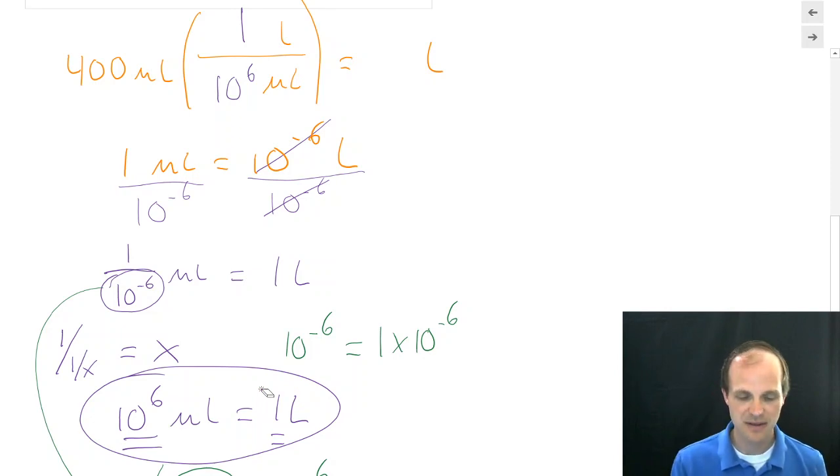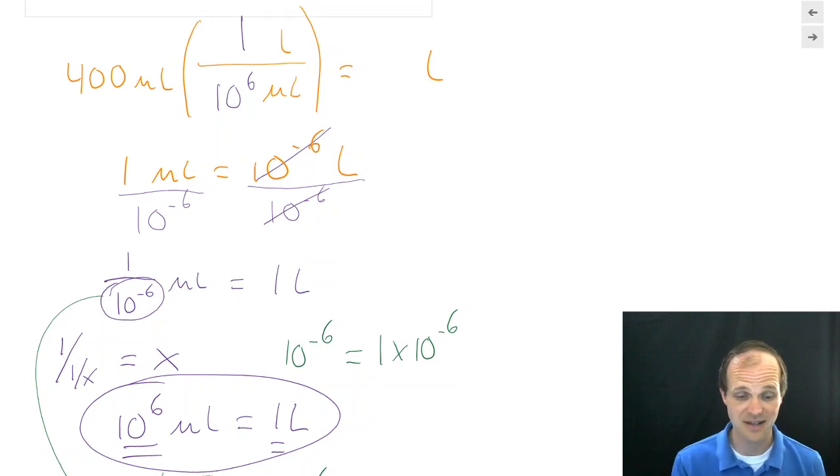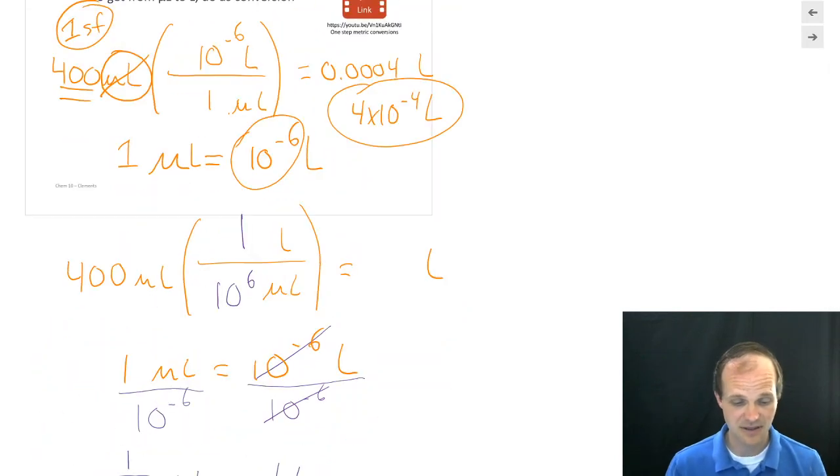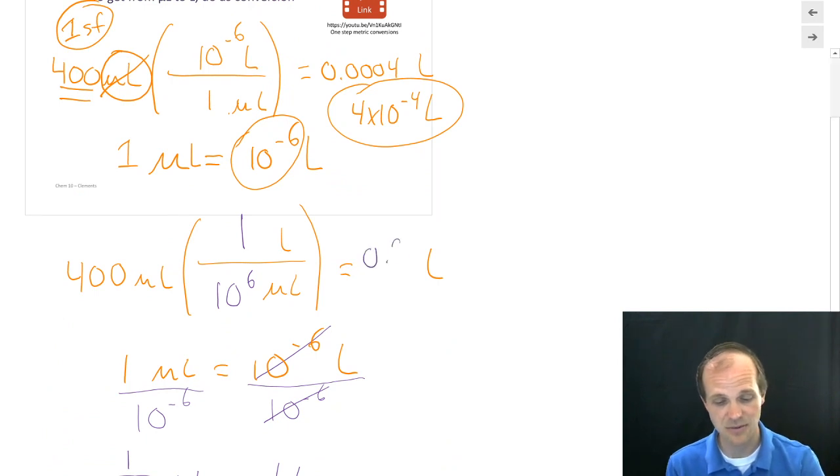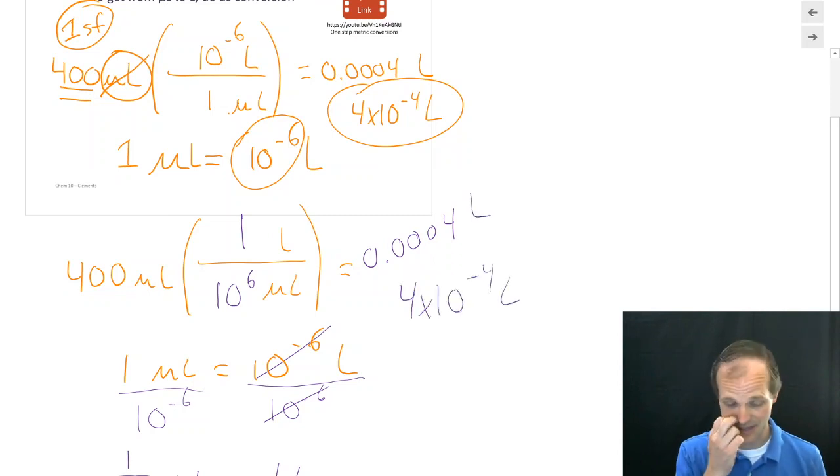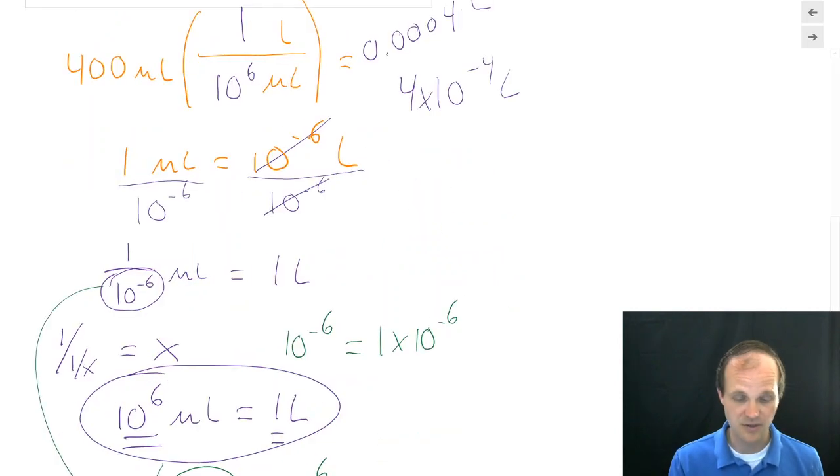Why do I do this method? Do we do all this math that we did at the bottom? It seems like a lot of extra work to try to get to the exact same answer, because if you type this in your calculator it's going to tell you 0.0004 liters, or 4 times 10 to the minus 4th liters. It's going to give you the exact same answer, and it seems like a lot of extra work to do all that math.